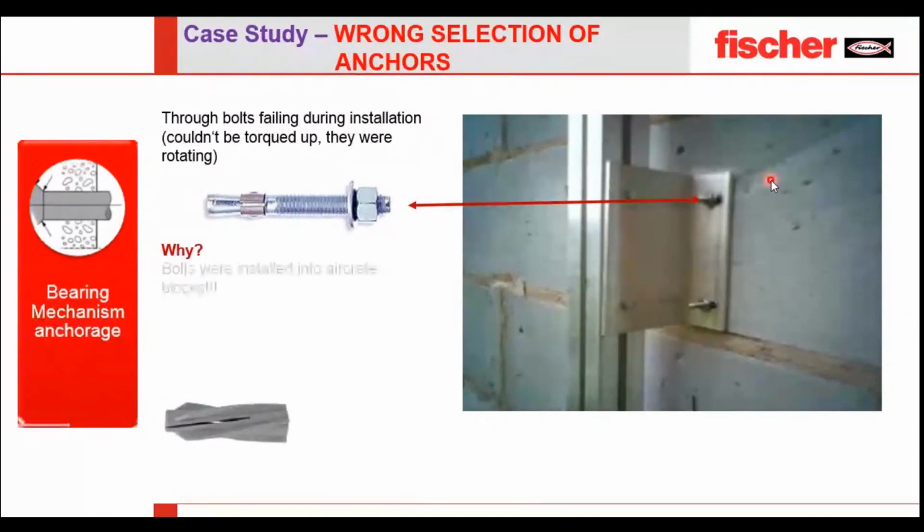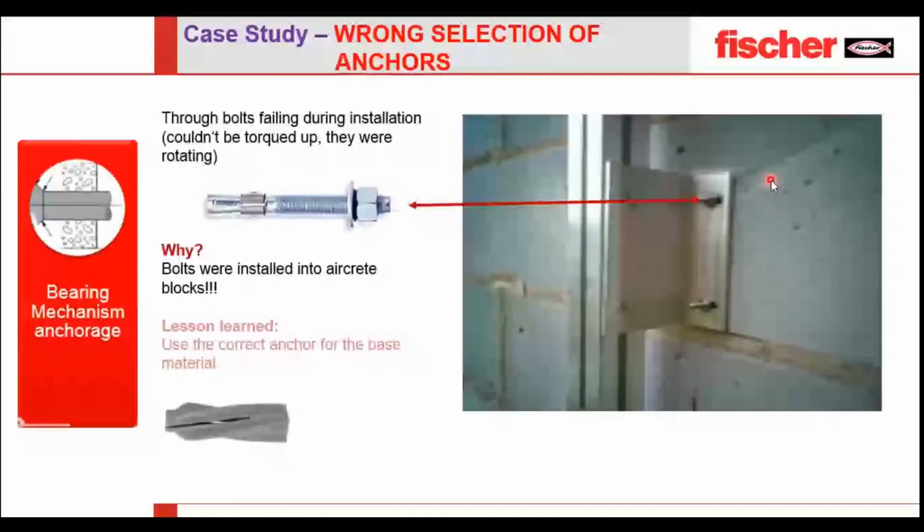The bolts were installed into aircrete blocks, which was not at all a suitable solution, because after some time the block turned into a porous substance and the anchor came out. The best solution for this is a chemical anchor, or we have an FPX-I anchor for the solution if you have anything to fix on Siporex or aerated block. It is not at all recommended to use a steel expansion anchor.